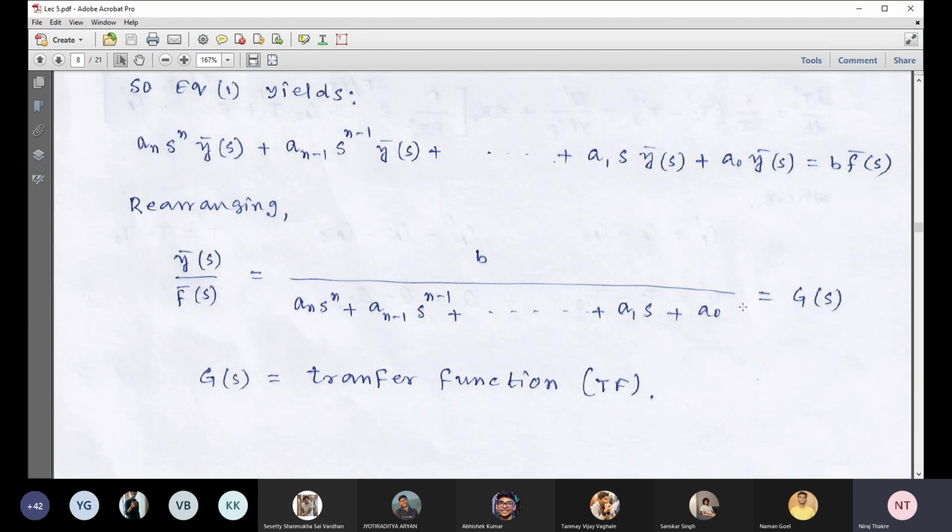So y bar s equals this transfer function multiplied by 1 by s. In the next step, we take the inverse Laplace transform and find the y t expression. By this way, we can know the process dynamics against a certain change in the input variable. Anyway, we'll consider this in detail.